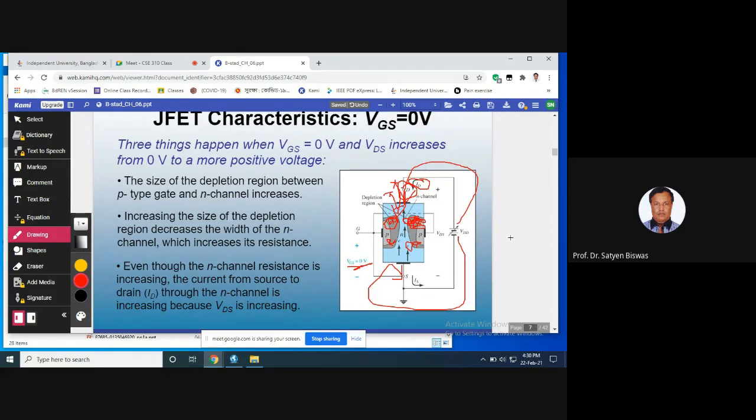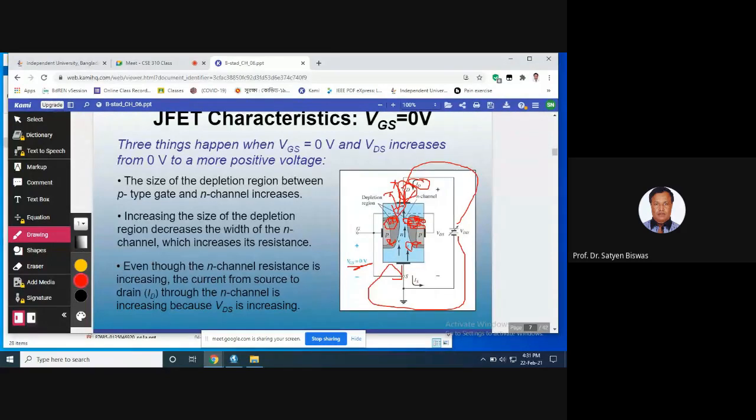Anybody? Any idea? No? Okay, now this is a depletion region, right? So why does the depletion region become bigger? Remember, last class I explained the PN junction.